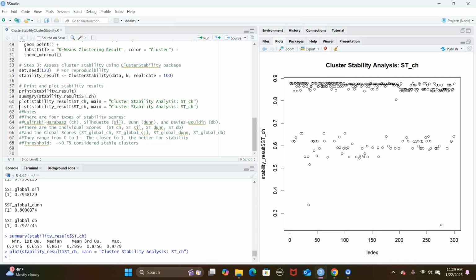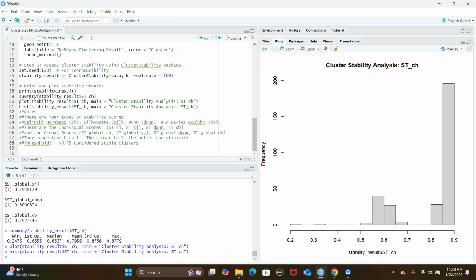But then you also got some closer to 0.5, 0.6, that kind of belong to the overlapping areas of the clusters. You can also plot out the histogram to have some idea about the distribution of these stability scores.